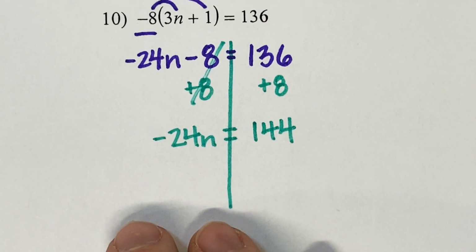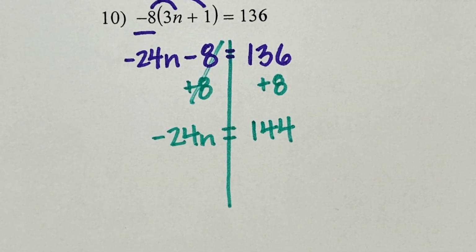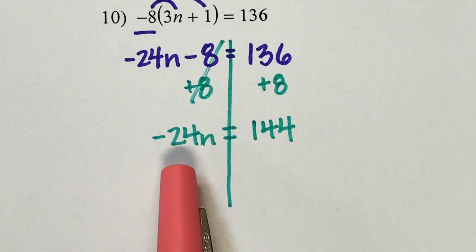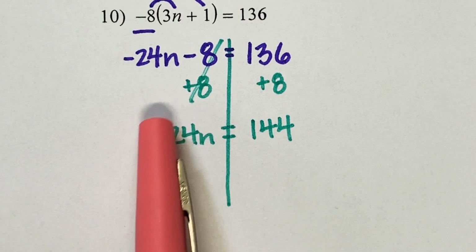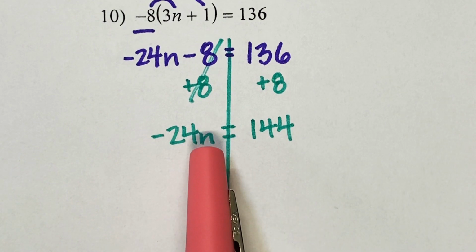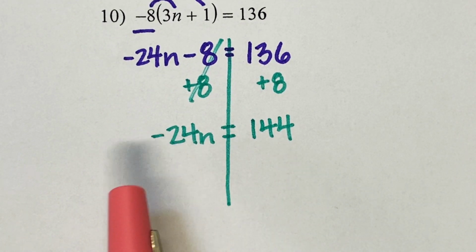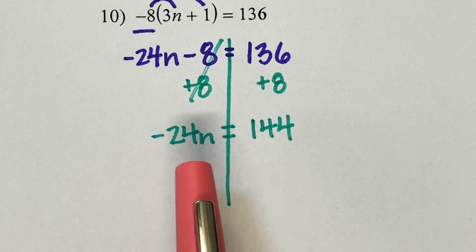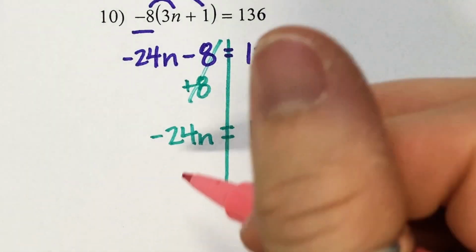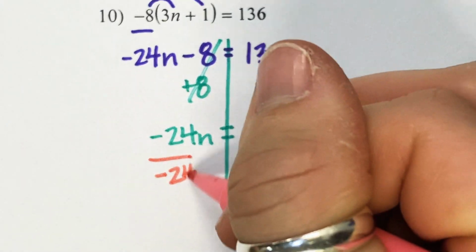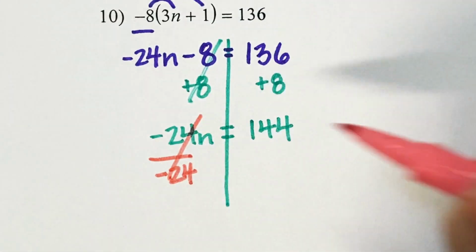Okay, so we have one more step to get our n all by itself. So careful here. This is not saying n minus 24. This is saying negative 24 is being multiplied to the n because they're right next to each other. So what is the opposite of times by negative 24? We divide by negative 24. That gets rid of it.